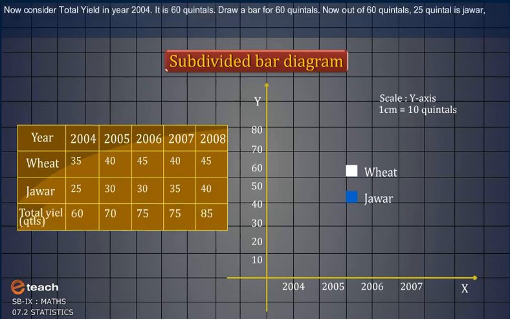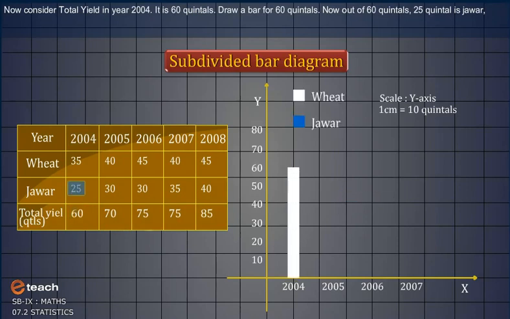Now consider the total yield in the year 2004. It is 60 quintals. Draw a bar for 60 quintals. Now, out of 60 quintals, 25 quintals is jawar.